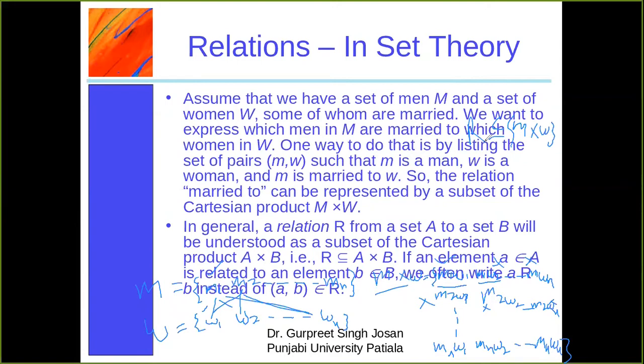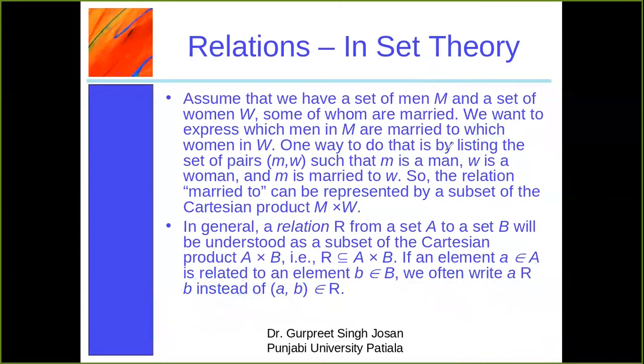We want to express which men in M are married to which women in W. One way to do that is by listing the set of pairs (M, W), such as M1, W1, M2, W2, with the condition that M is a man and W is a woman and M is married to W. So the relation married-to can be represented by, and this is a key point, a subset of the Cartesian product M cross W. This is the mathematical definition of what?